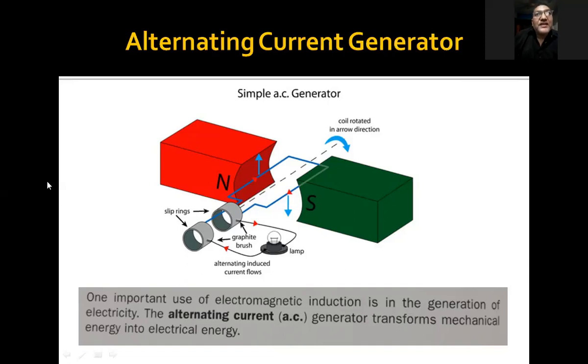So our next topic is about generators. You all must have observed generators at your homes, and with the help of the generator, we are able to produce electricity. This diagram is a very simple diagram of a very simple AC generator. In the AC generator, we have permanent magnets. Here we have two permanent magnets, North Pole and South Pole.